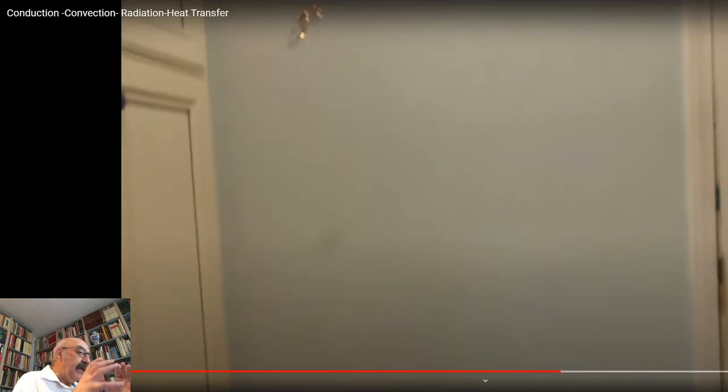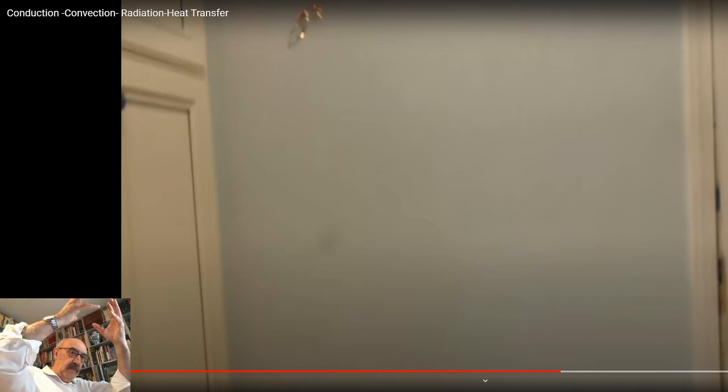So in a convection experiment, the heated air or fluid goes up. And as it goes up, it is cooler up there. It cools down, and it goes down and sinks. And this creates a wave. This is convection.